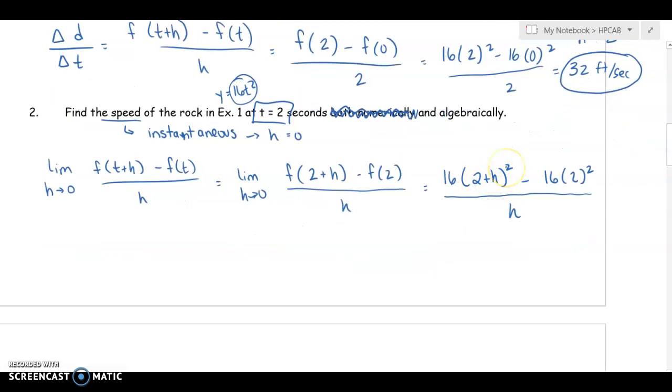2 plus h squared, when you multiply those together, you're going to end up with, all right, I'm continuing my limit as h approaches 0 because it makes a big difference. They like their notation.